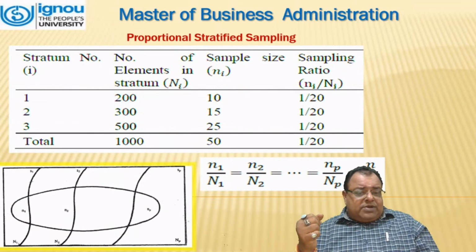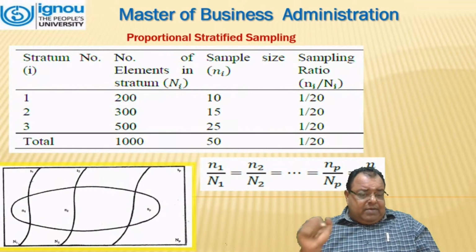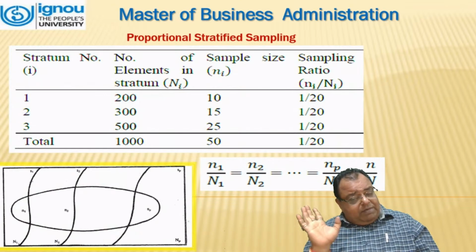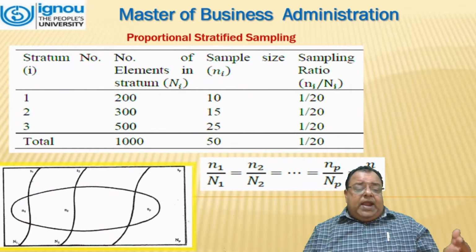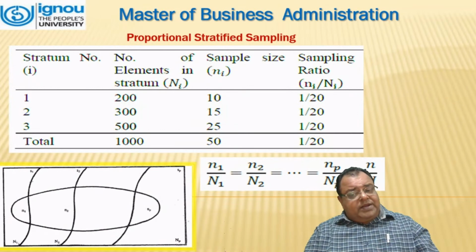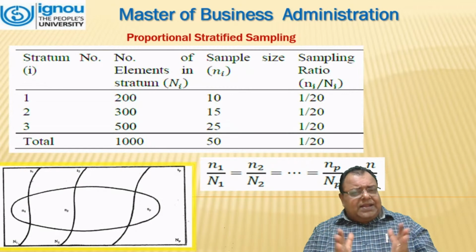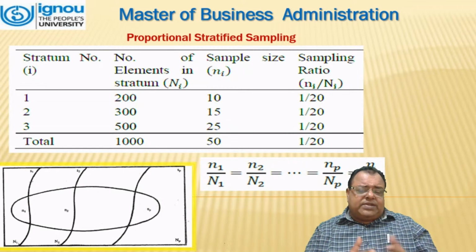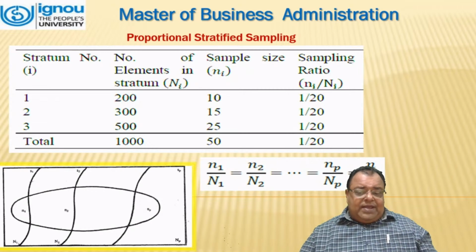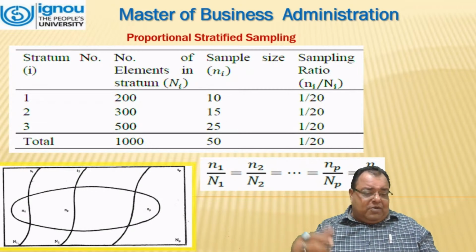Sampling ratio comes out to be 10 by 200, that is 1 by 20, 15 by 300, that is again 1 by 20, and 25 by 500, again 1 by 20. And from the last row, 50 by 1000, again 1 by 20. That means this is a practical example of proportional stratified sampling, mathematically, graphically, and in terms of your formula.